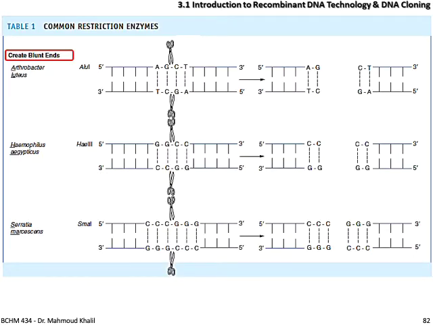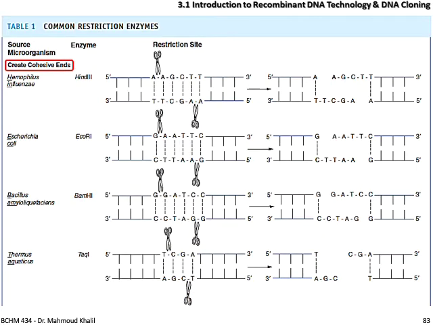These are commonly used restriction enzymes. You don't need to memorize this figure. You can see there are three types of restriction enzymes which create blunt ends. In this figure, you can see four types of restriction enzymes: EcoR1, HindIII, BamH1, and TaqI.